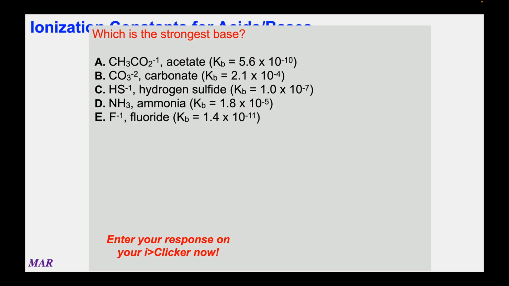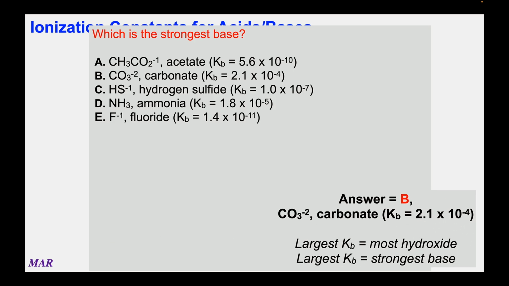So the strongest base here is going to have the biggest Kb, because strengths of bases are described by how much hydroxide comes off, and you're going to have more hydroxide with a bigger Kb value. So if you look at those numbers long enough, it's carbonate, 2.1 times 10 to the minus 4.